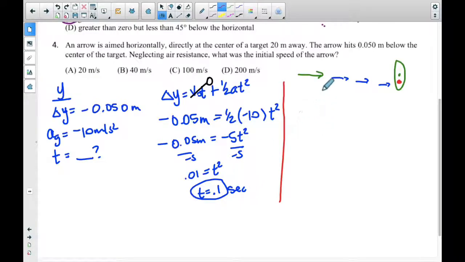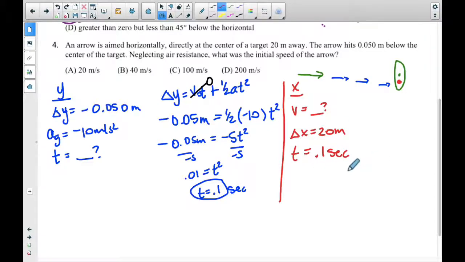All right, that's helpful. I now am going to transition over to the x direction. And in the x direction, I am looking for the velocity, and that stays consistent throughout. I know in the x direction that I have 20 meters away, and I just found the time, and the time is the same in both directions, so I don't need to distinguish that.